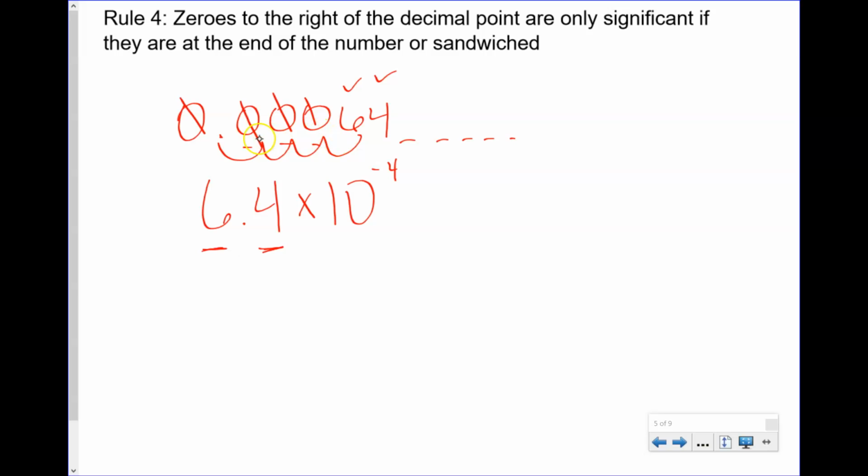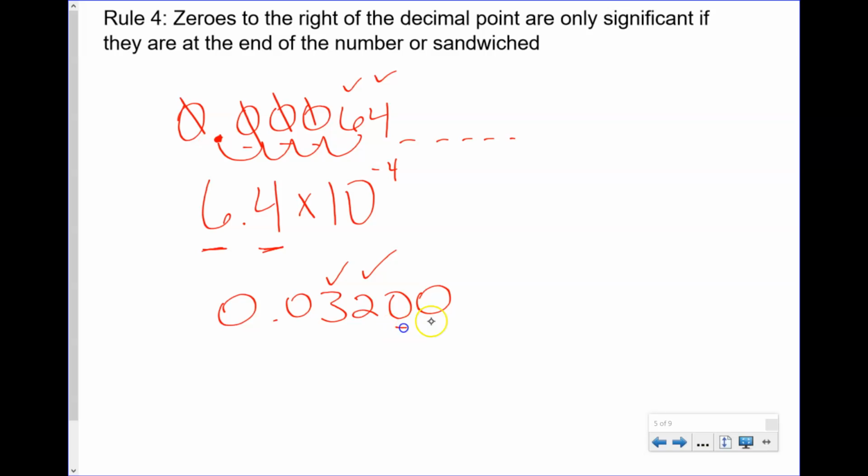So zeros in front of the decimal portion right there, they're after the decimal point, but they're between the decimal and that first significant figure. They are not significant. Okay, so if I have 0.03200, obviously the 3 and the 2 are significant because they're non-zeros.